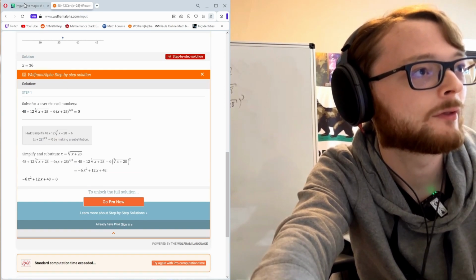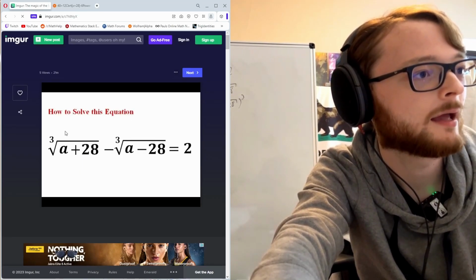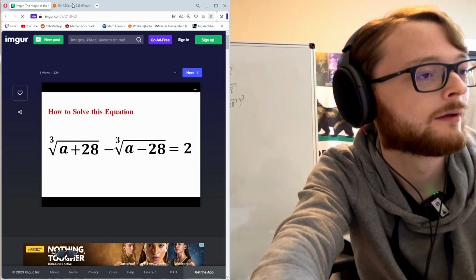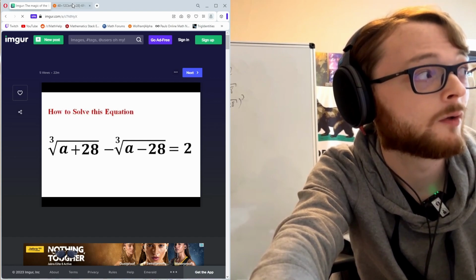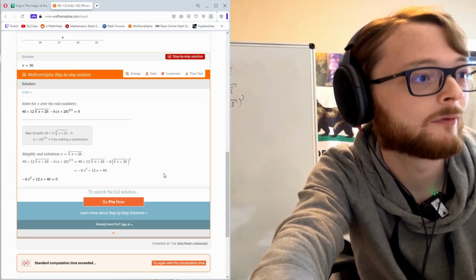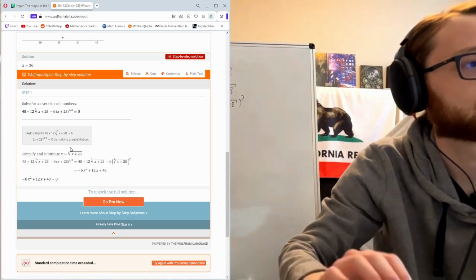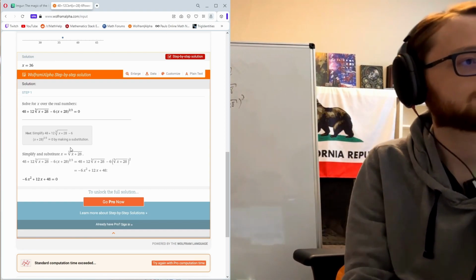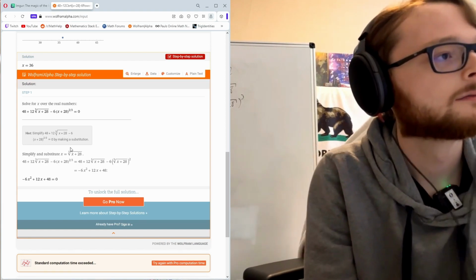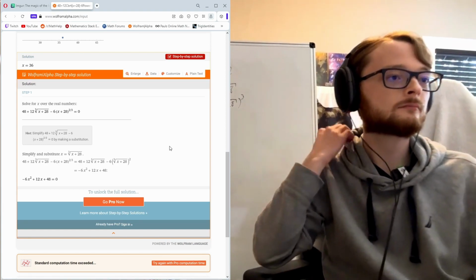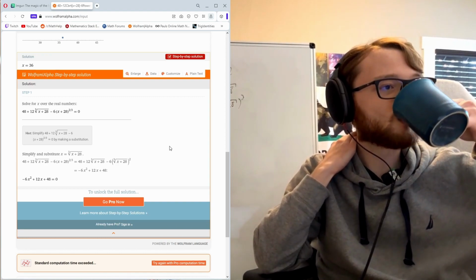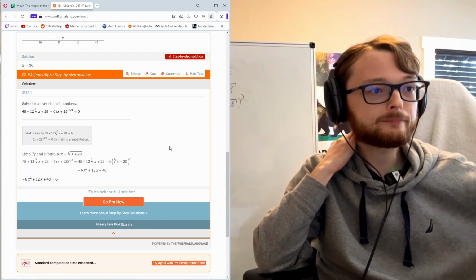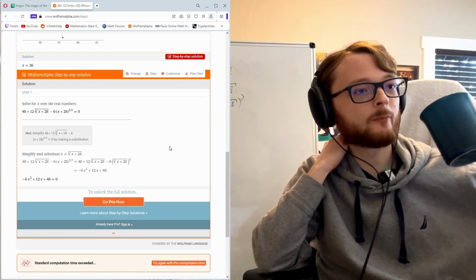But basically, this is the result of subtracting the cube root a plus 28 to the other side and cubing each side. And then they brought everything back over all on the same side, and now they're simplifying things. And the simplifications are weird. That doesn't seem so bad when they put it like that, though.